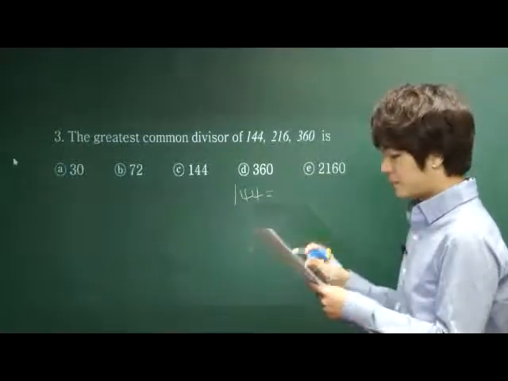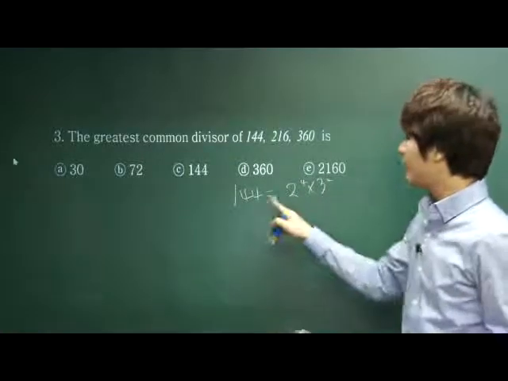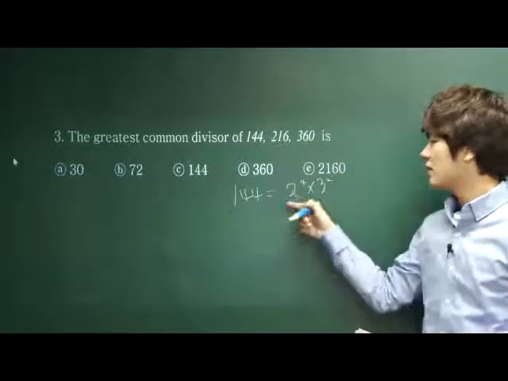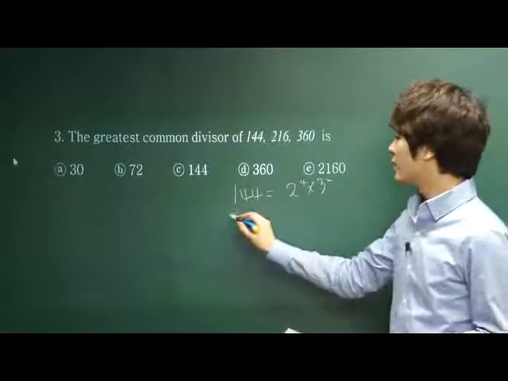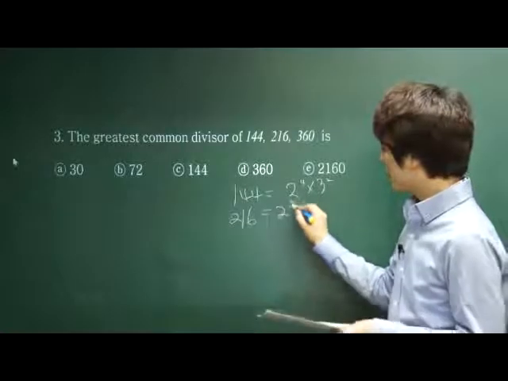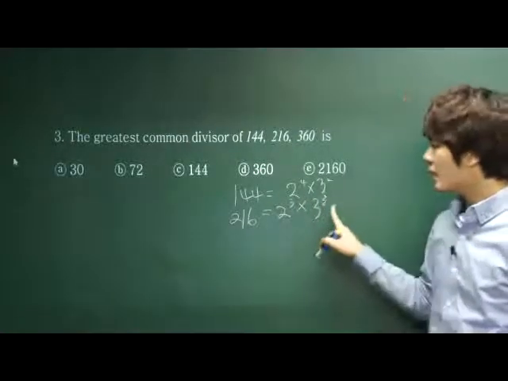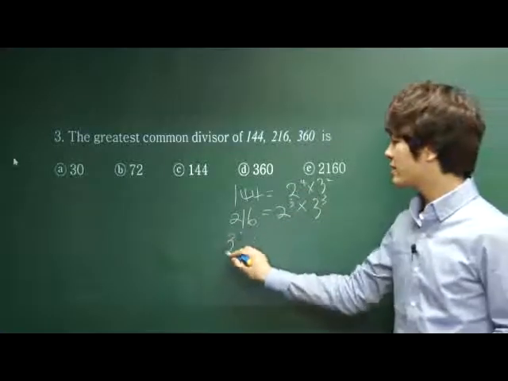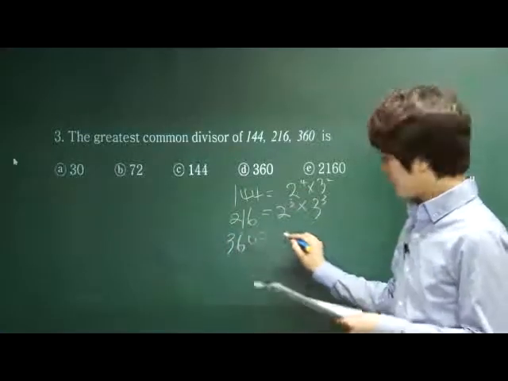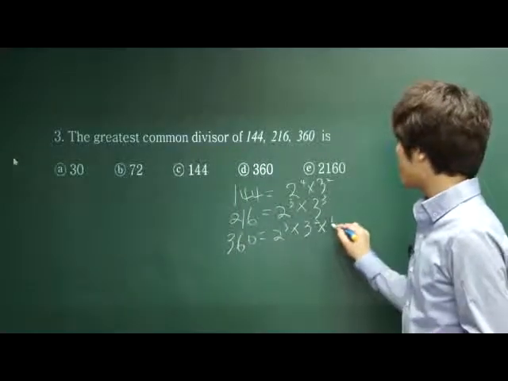It is 2 to the 4th times 3 to the 2nd, if you express this as smallest factors. For 216, it is 2 to the 3rd power times 3 to the 3rd. What about 360? It is 2 to the 3rd times 3 to the 2nd times 5.